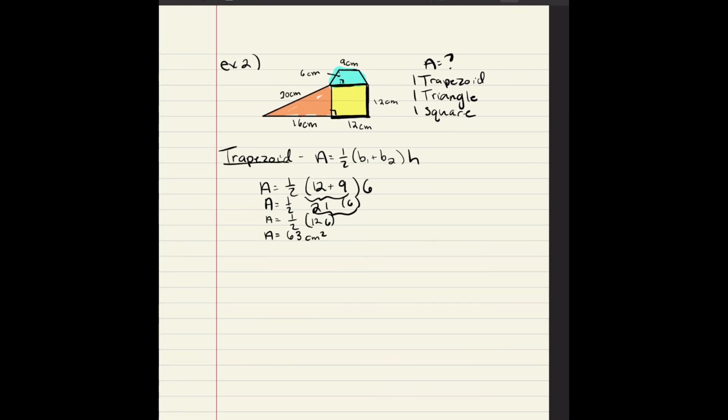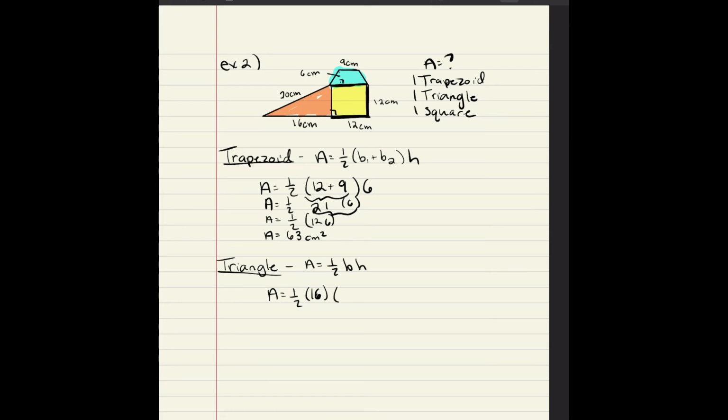Now we need to move on and find our area for our triangle. So let's do that. So our formula here is area equals a half base times height. And I'm starting with the half. My base for my triangle is 16. And the height for my triangle is 12.